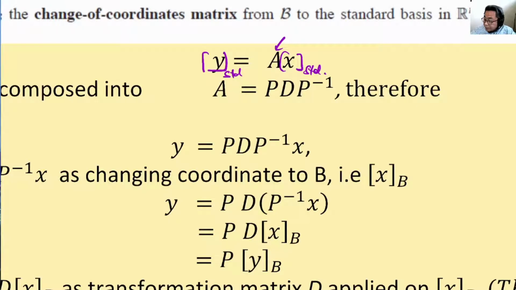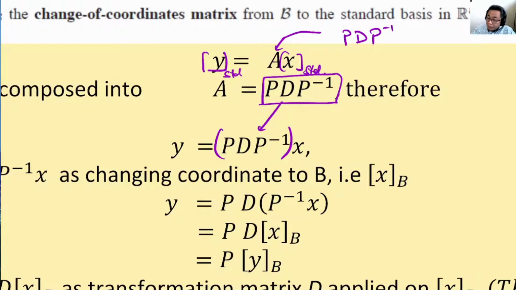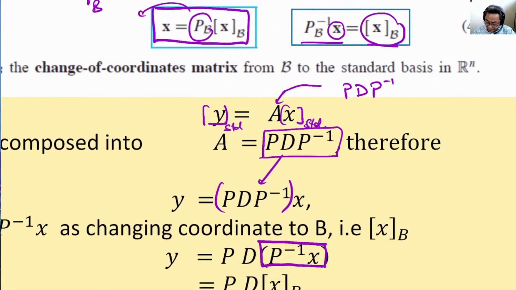Therefore, in the case where A can be decomposed into PDP minus 1, then A equals PDP minus 1, allowing us to substitute into this equation. We observe that we can group brackets in this way, P minus 1 X.